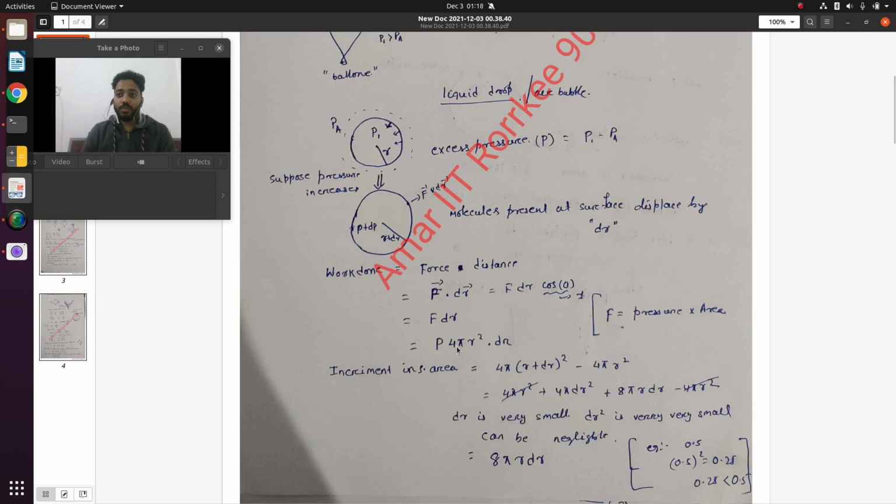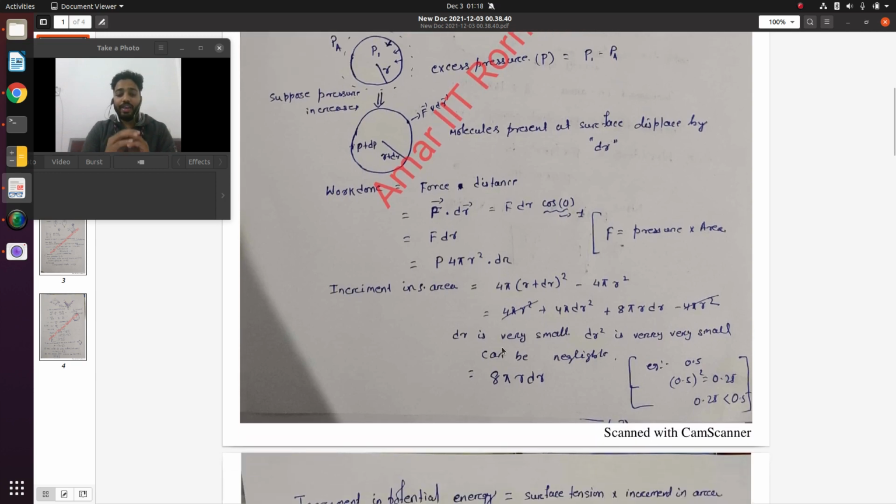We know that force is equal to pressure into area. Pressure is P, the excess pressure, and area is 4 pi r square. So what is the increment in area when the smaller liquid drop expands to a larger liquid drop due to the increase in excess pressure?